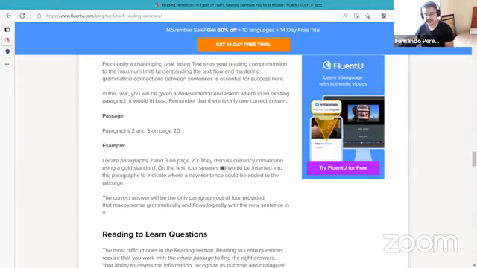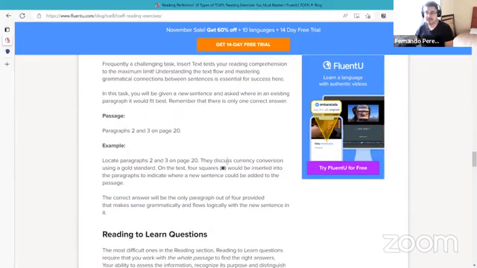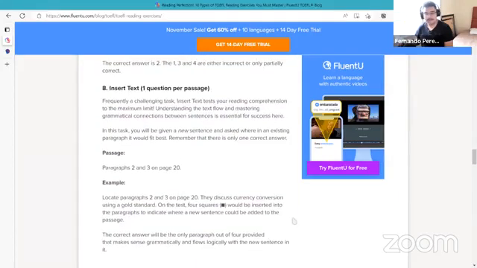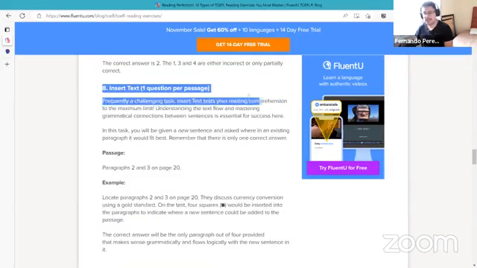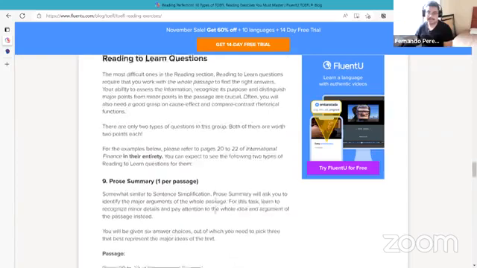And when you arrive at insert text questions, this is when you need to pay really much attention to grammar knowledge and structure knowledge. And that's pretty much it. This is the most difficult one. The rest are easy. And we're going to do an example in a moment.